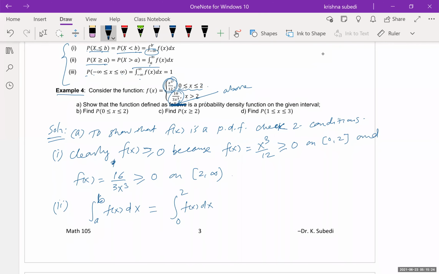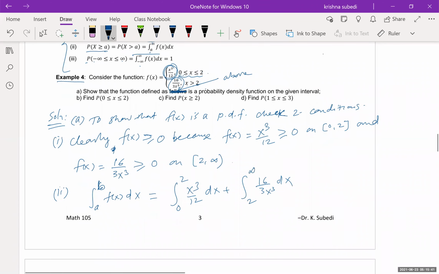For the first piece, 0 to 2, the function is x cubed divided by 12, plus the second piece, 2 to infinity, which is 16 over 3x cubed dx. The sum of these two integrals should be 1. And let us check that.